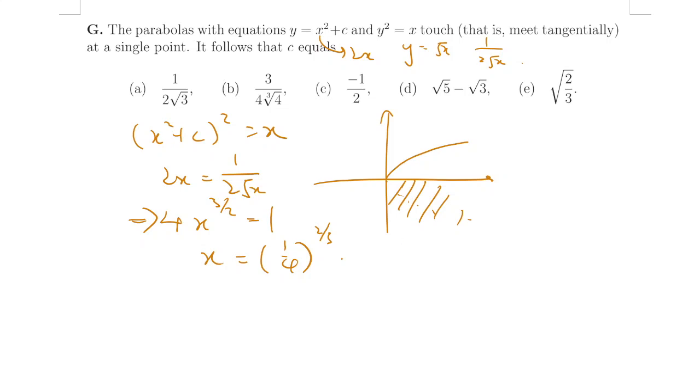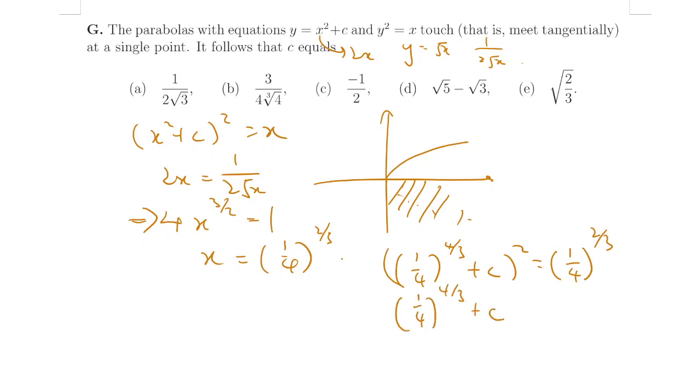So 1 over 4 to the 4 over 3 plus c, all squared, equals 1 over 4 to the 2/3. Okay, square root both sides: 1 over 4 to the 4 over 3 plus c equals 1 over 4 to the 1/3. I'm sure this is positive, so I don't need to take the negative side of things.